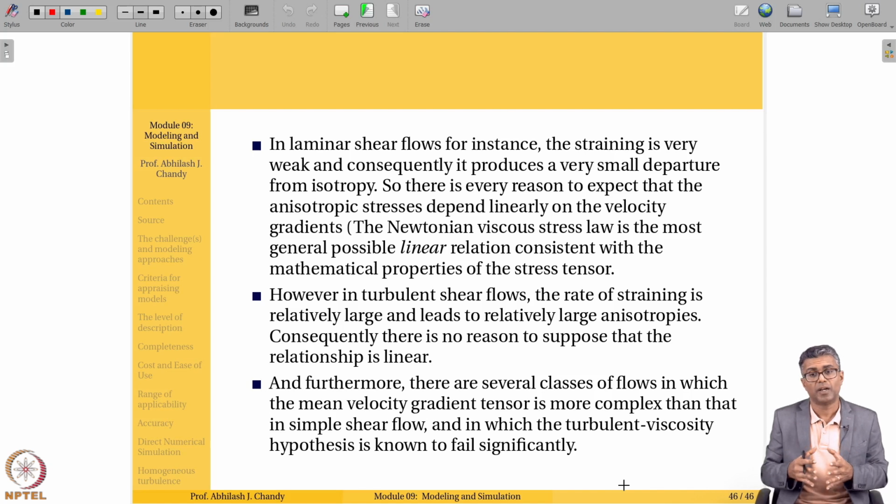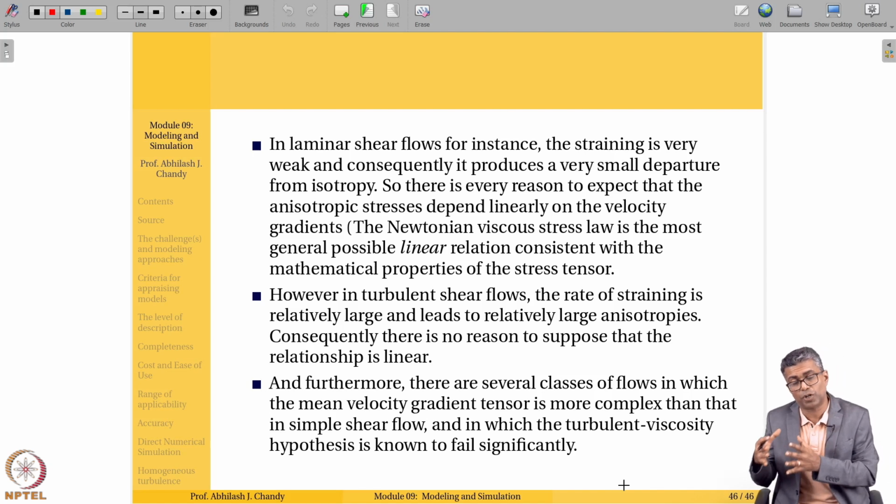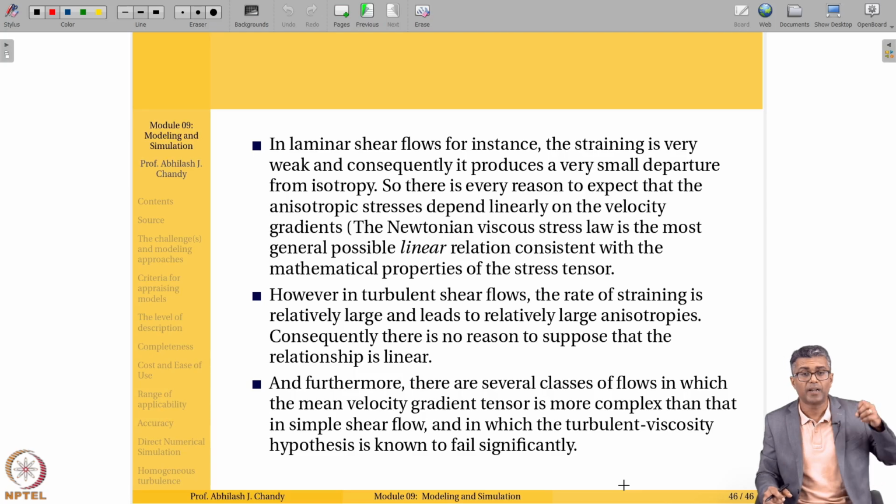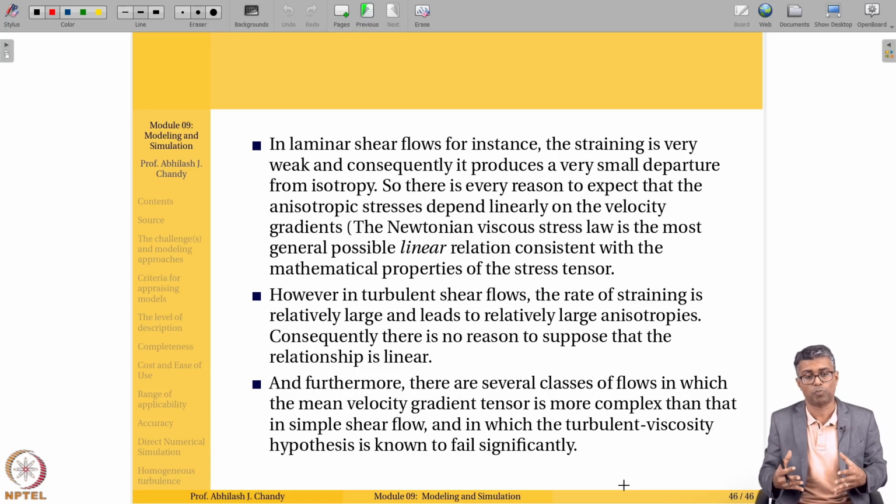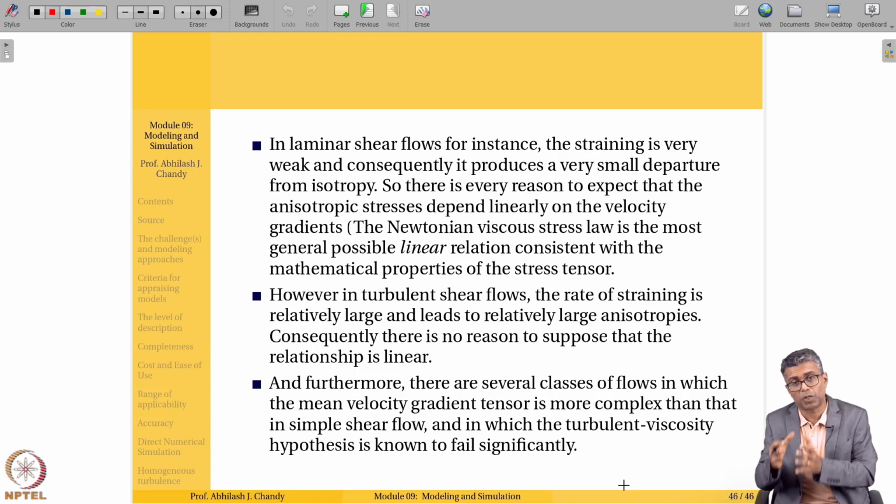And then we had some discussion on inhomogeneous flows as well, where the simple periodic boundary conditions wouldn't apply. More complications arise, like wall boundary conditions, which would complicate things more. Finally, we discussed the turbulent viscosity hypothesis and how the intrinsic and the specific assumption related to the hypothesis were wrong, especially in the context of this particular problem.